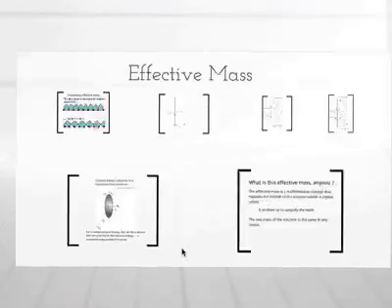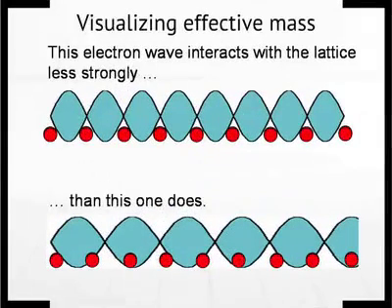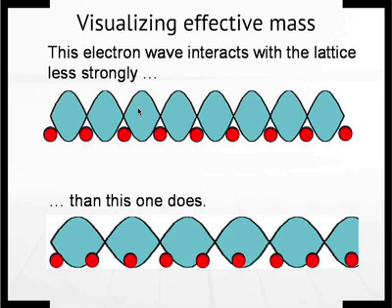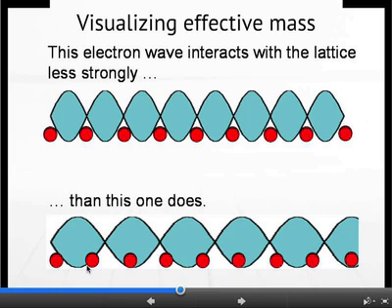Now let's look at that a bit more closely. This is this idea of effective mass. In order to visualize this, let's look at the wave function and how it behaves within a crystal lattice. So let's take a look at these two situations. We have a wave function which looks like this, shown in blue, and the crystal lattice shown as these black dots. In this case, where they are shifted such that the wave function is mostly in between the black dots, it sees lower potential energy, as opposed to when there's a little more overlap of the wave function with the black dots.